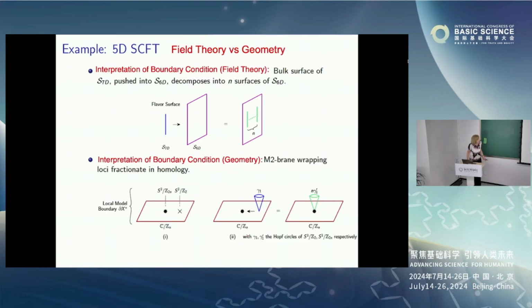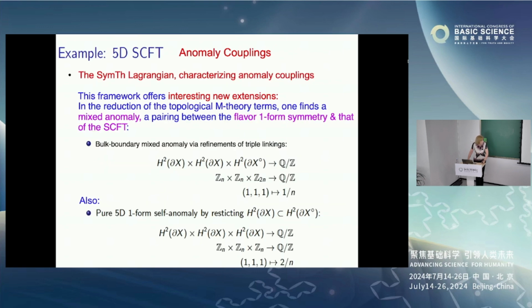In any case, we have now, with these bulk and boundary symmetry theories, both a field theory interpretation of what has happened due to this boundary condition, and also a geometric interpretation, which is the corresponding cohomology calculations.